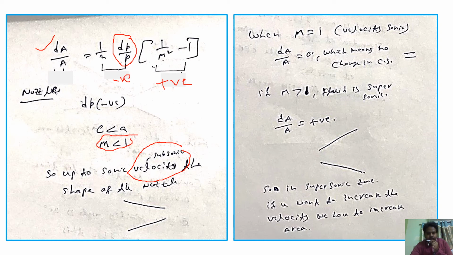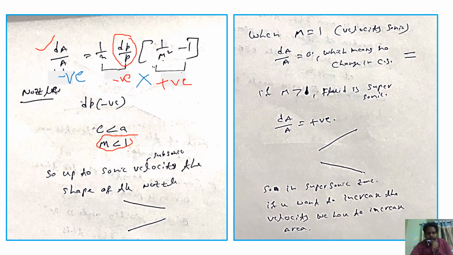So here negative into positive, it would give a negative value. So dA by A is negative. That is the reason why in the convergent nozzle, as you can see here, the cross section area decreases, because it is negative if the velocity is subsonic. Generally in the convergent nozzle the velocity is subsonic. That is the reason why the cross section area keeps on decreasing.